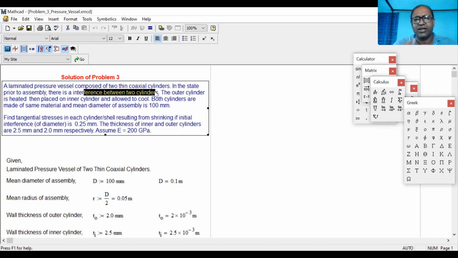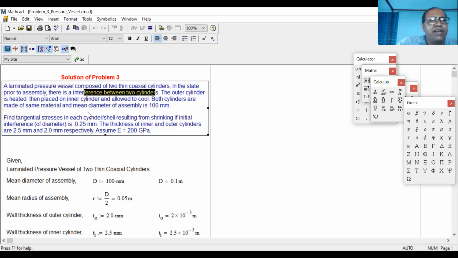That means the inner radius of the outer cylinder and the outer radius of the inner cylinder. That's my hand radius. There is a difference. This difference is the interference.